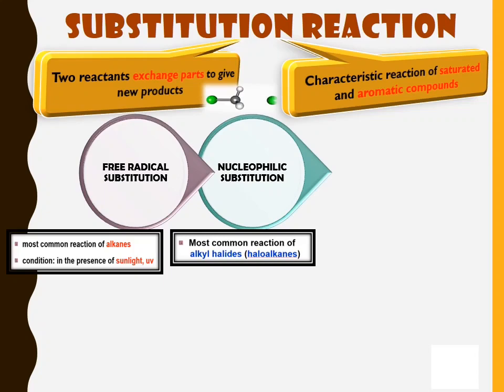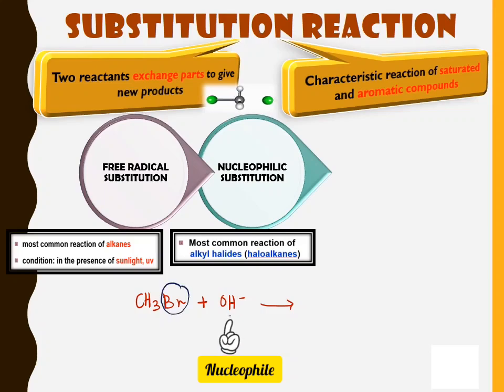For example, we have CH3Br reacting with OH minus. What happened here, the halogen group will be removed and replaced with OH minus. So two reactants exchange part here. So CH3 is substituted with OH, plus Br minus. So this is the example of nucleophilic substitution.